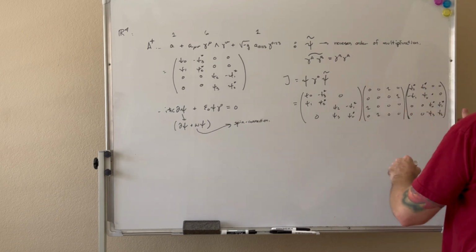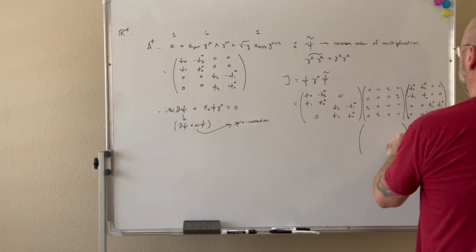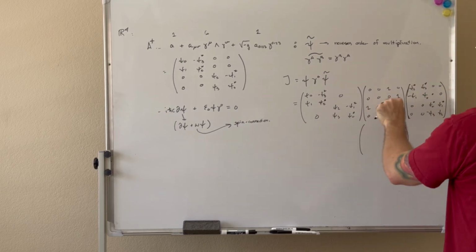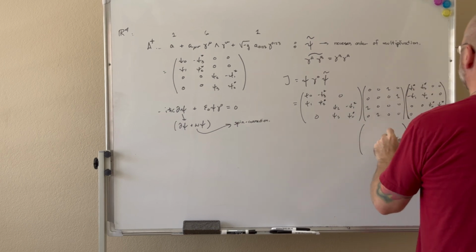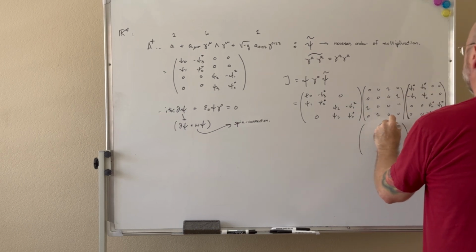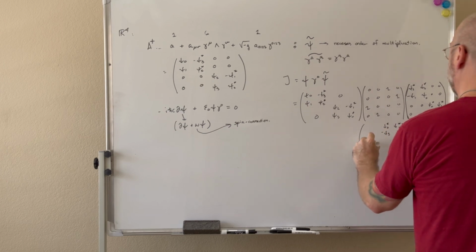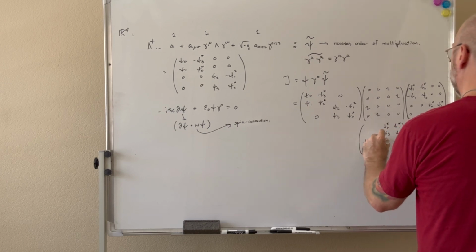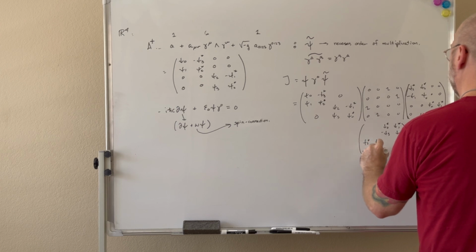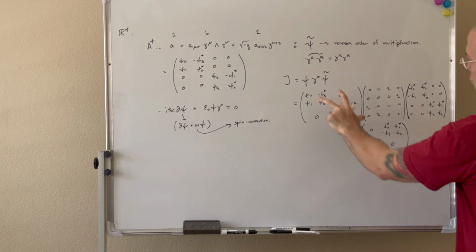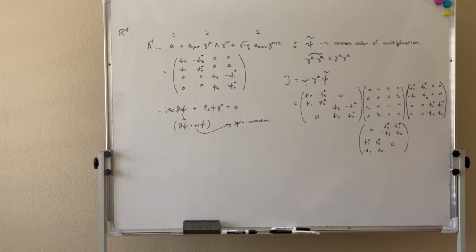So doing this multiplication, this is really just the identity and the identity. So this identity is pulling that up. This one's pulling that down. So you get psi 0 star, psi 1 star, minus psi 3, psi 2, psi 2 star, psi 3 star. Zero, zero, and zero. So this times that gives this, so that times that.